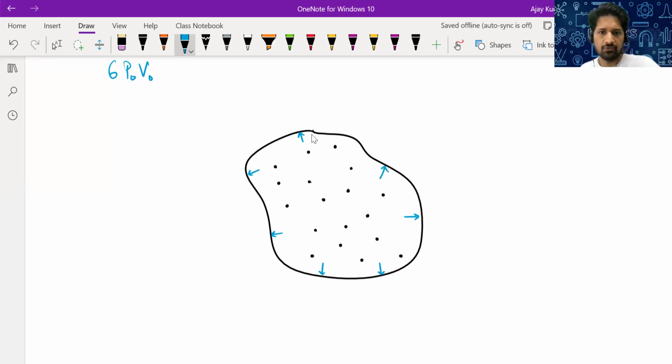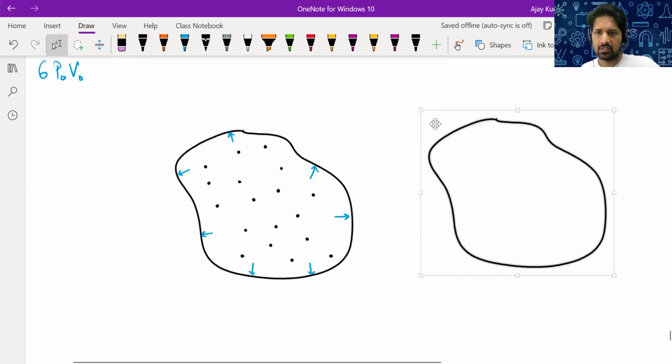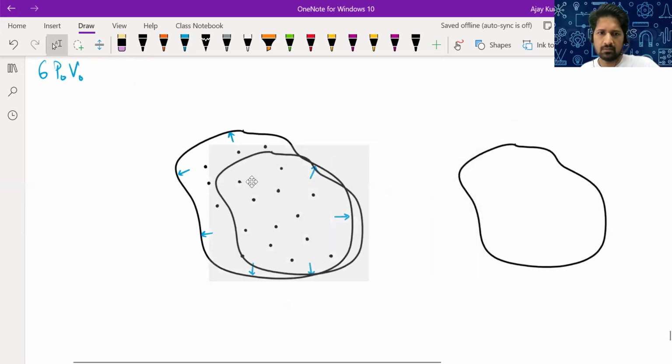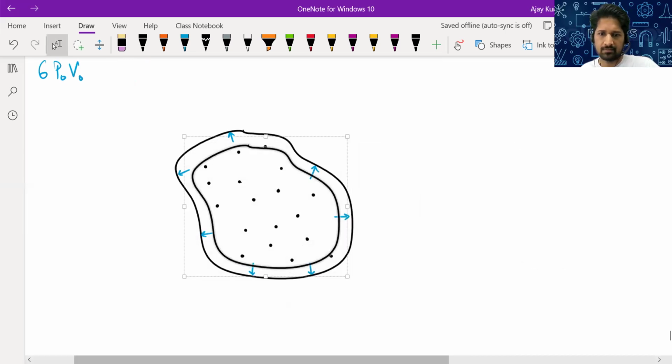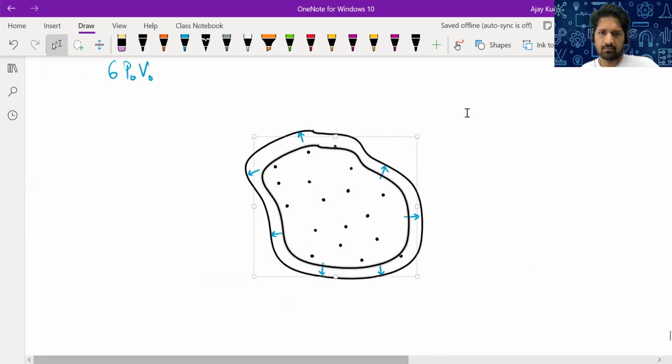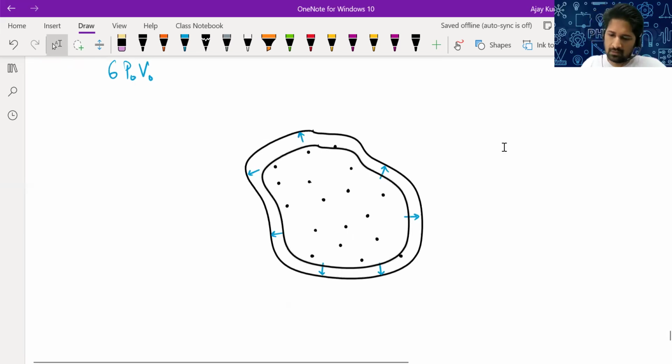But somehow, forcefully, if you compress this container by doing something, you reduce the volume of this container. So the displacement of the walls of the container is inwards.